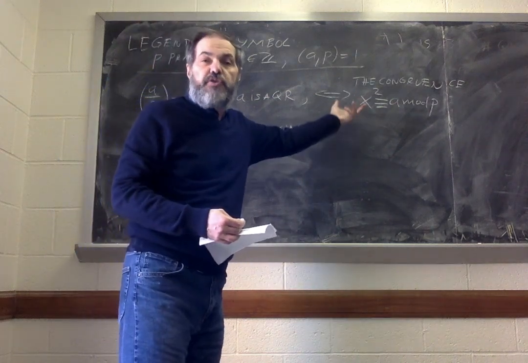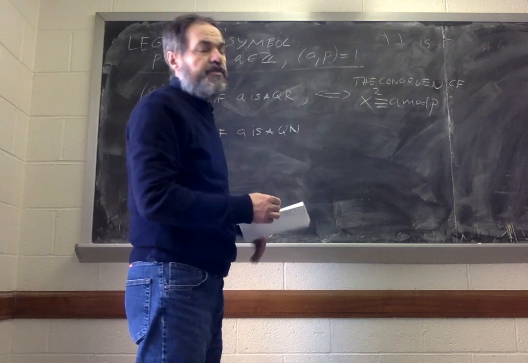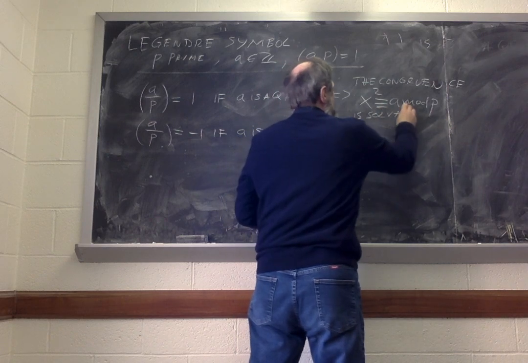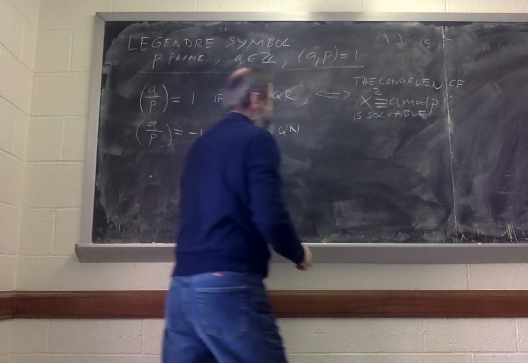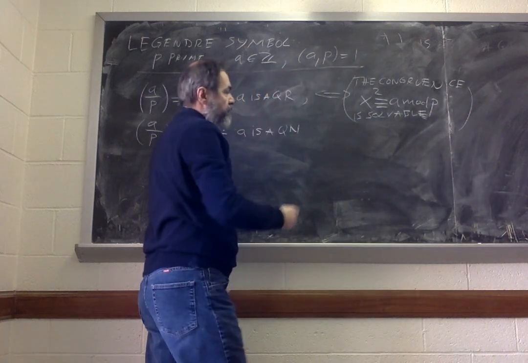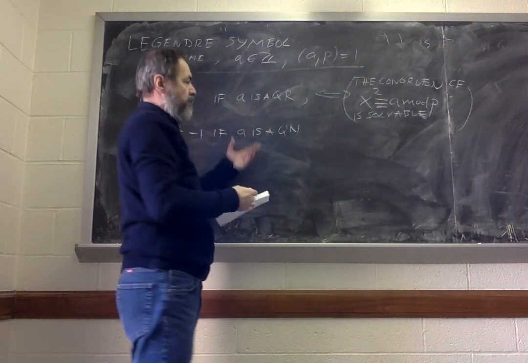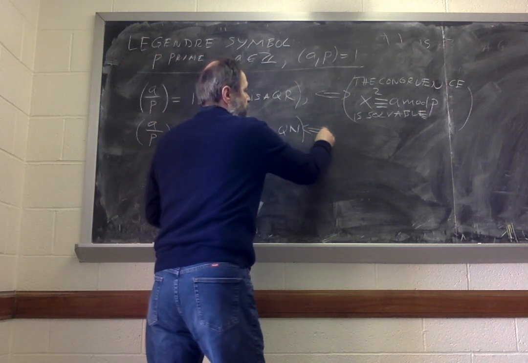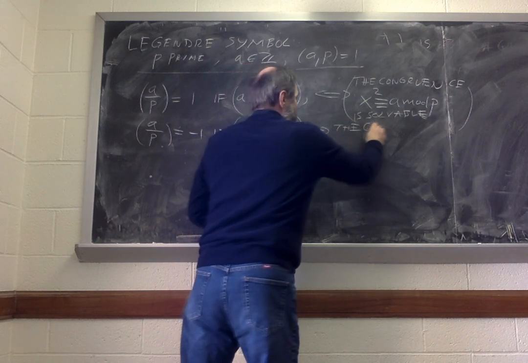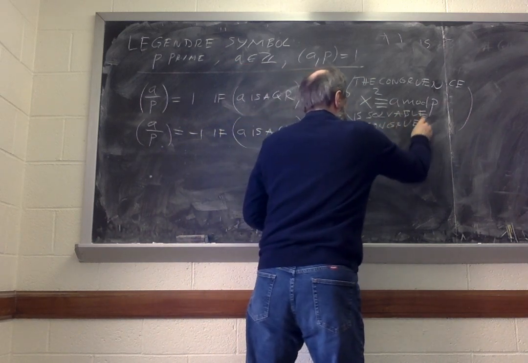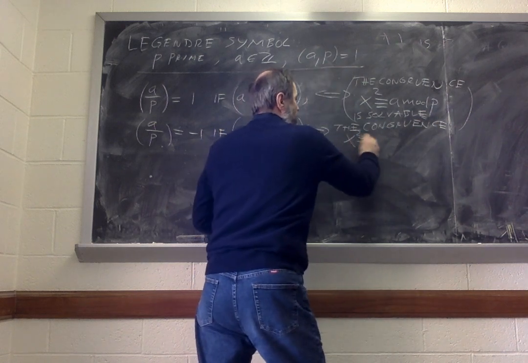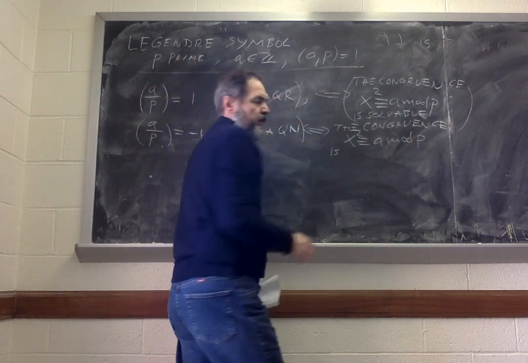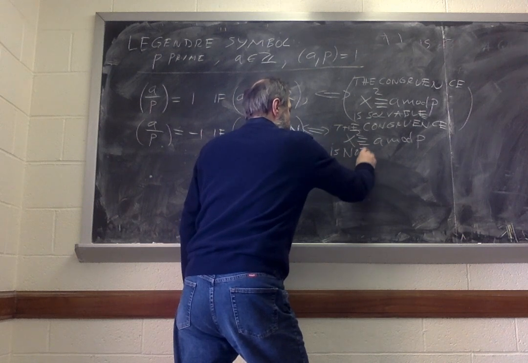There is a b that's a solution. People write it in this way: the congruence is solvable. And if the congruence is not solvable, then a is a quadratic non-residue. This is equivalent to saying that the congruence x squared congruent to a mod p is not solvable. In other words, it doesn't have solutions.